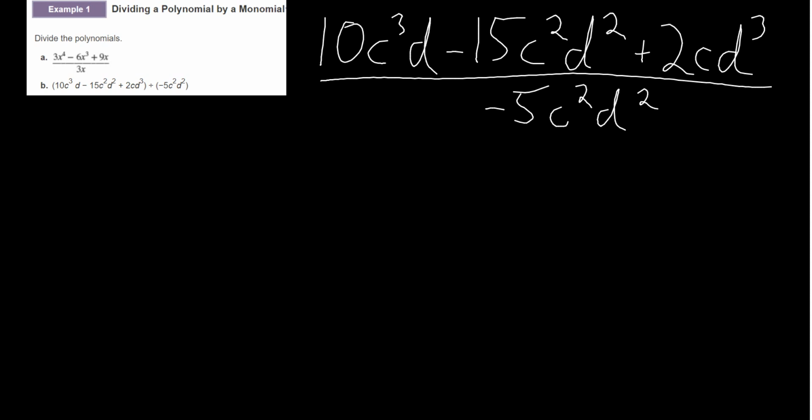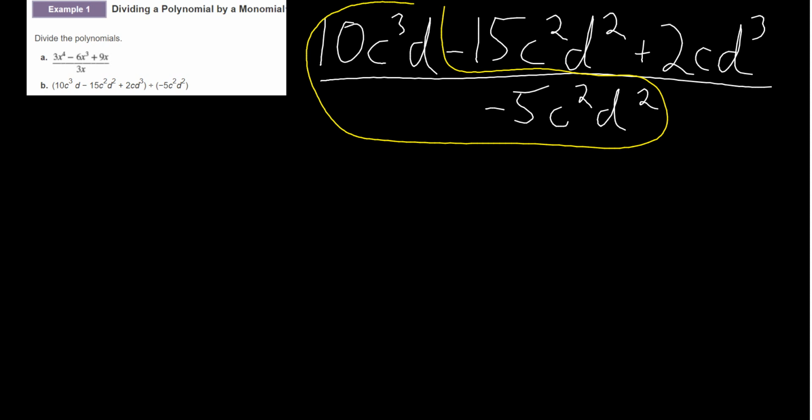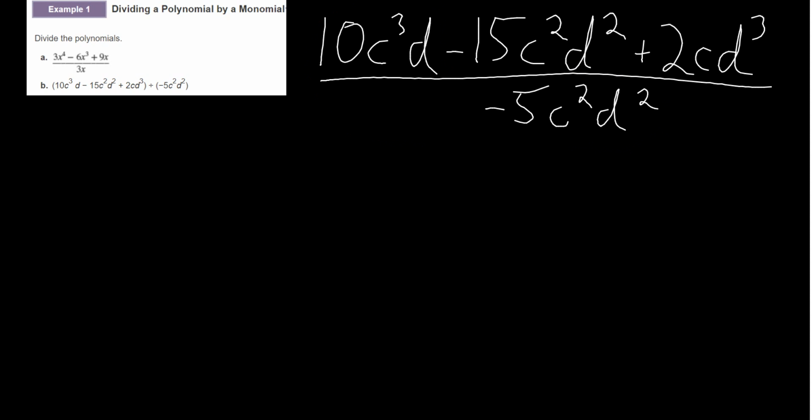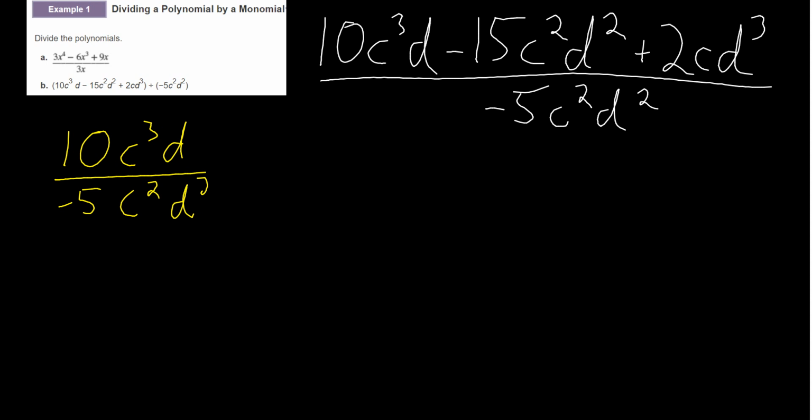So we could say 10c cubed d divided by negative 5c squared d squared. So we're going to write 10c cubed d all over negative 5c squared d squared.